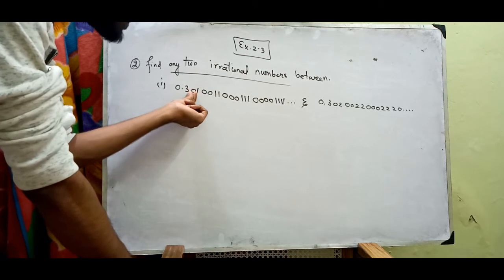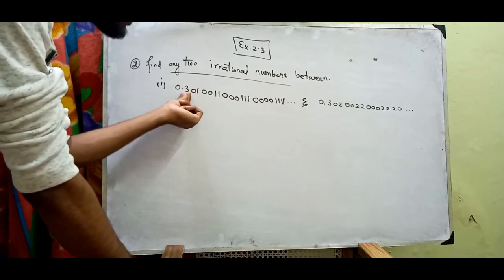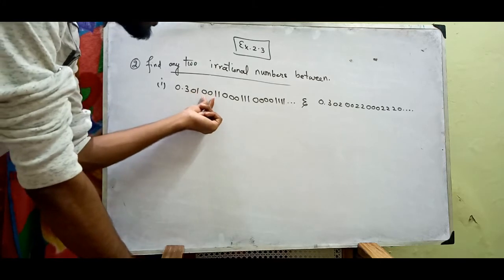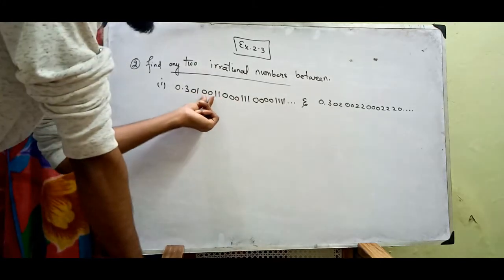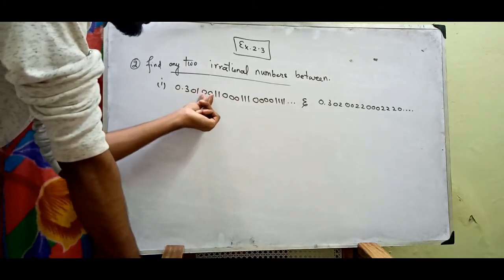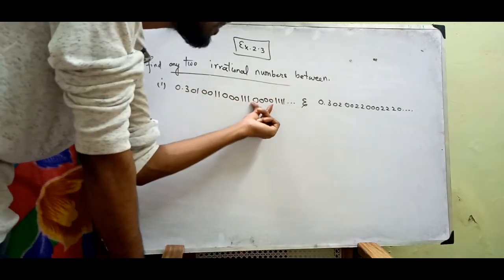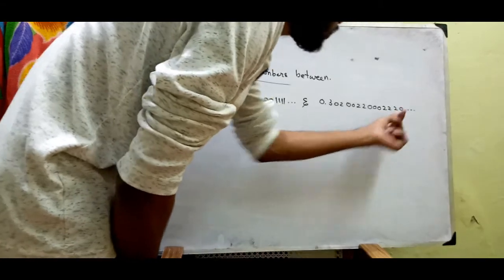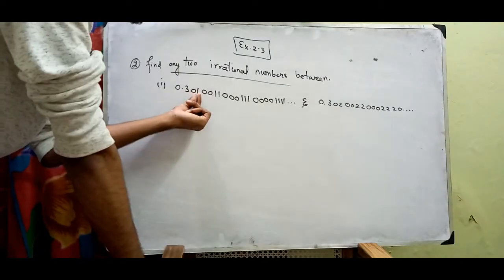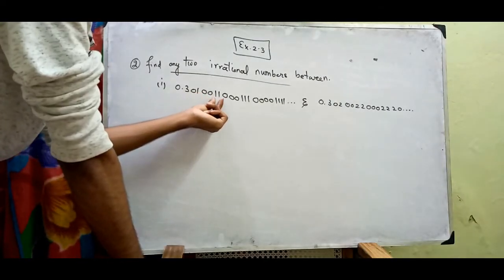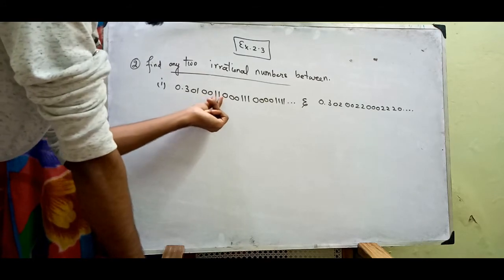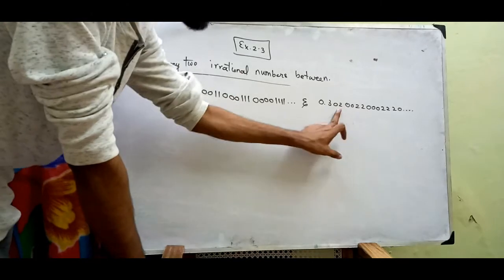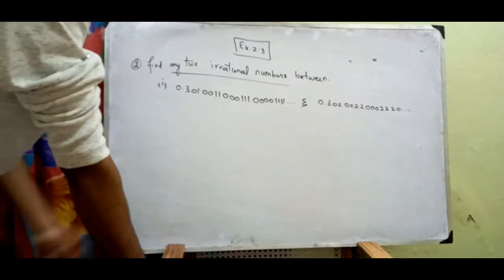If you focus on the zeros after the digit 3, we can see the zeros are extended: 2 zeros here, 3 zeros, 4 zeros located here. The same way here, 2 zeros, 3 zeros, and so on. After the zeros there is one digit which is again repeating in the same way: 2 ones, 3 ones, 4 ones, and here 2 twos, 3 twos, and so on.